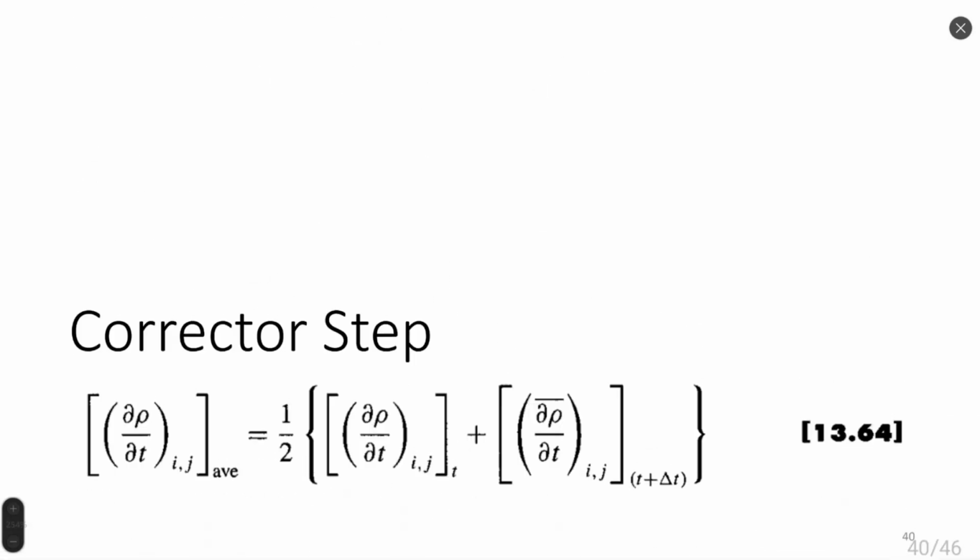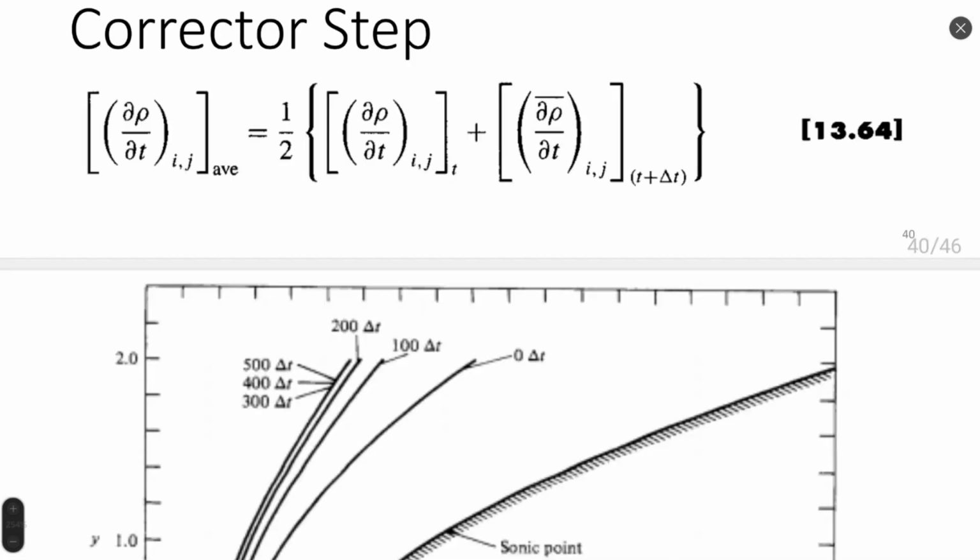And the corrector step utilizes density derivative calculations on parallel, let's say, time steps: density calculated by one method and by another method. Taking the average gives us an improved density derivative as final.